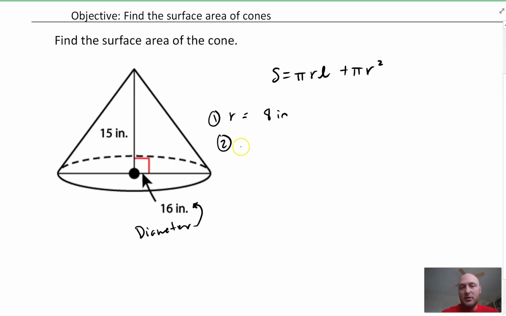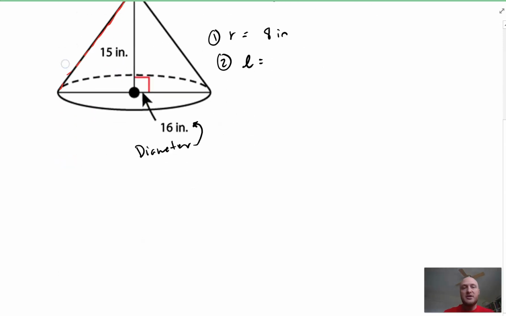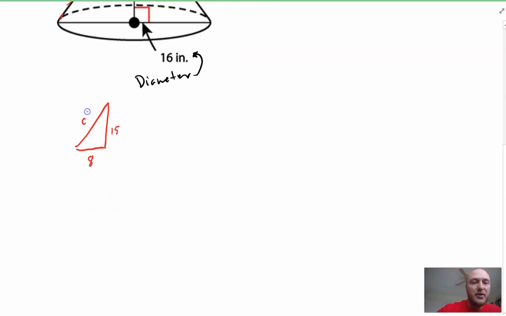Now what we need to know is the slant height. What is this distance here? Note they do give you a right triangle. If you take half of this, here's our radius, that's 8, and they say the height is 15. So we can use the Pythagorean theorem.